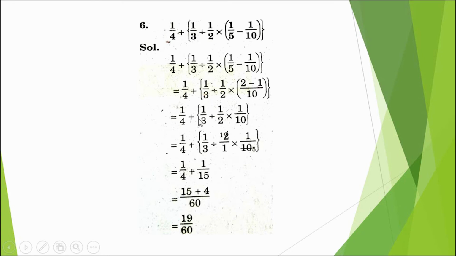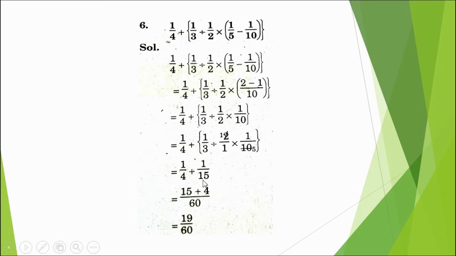Take the LCM 10. 5 2s are 10, 2 1s are 2. 10 1s are 10. When we minus 1 from 2, answer will be 1. Now we solve the curly brackets. 1 over 3. When we convert this divide into multiply, 2 over 1. 2 1s are 2, 2 5s are 10.